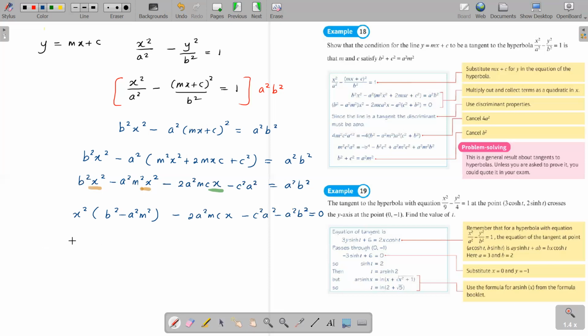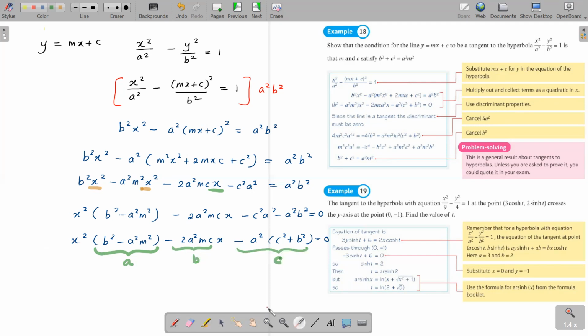Why shall I simplify this a little bit more because it will be easier to input into our equation from the last guy. Taking an a square out, then I get here (c square plus b square). When I take the a square out, it's easier to simplify. So basically, this is the quadratic equation. This whole thing is my a. This is the b, and this is the c. So this is ax square plus bx plus c equals 0.